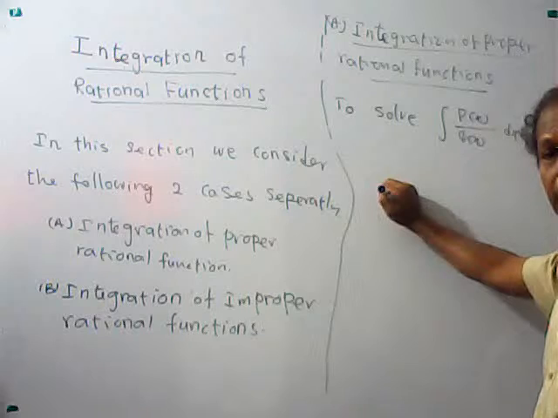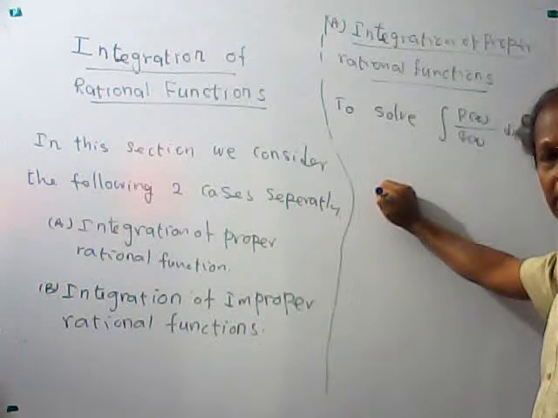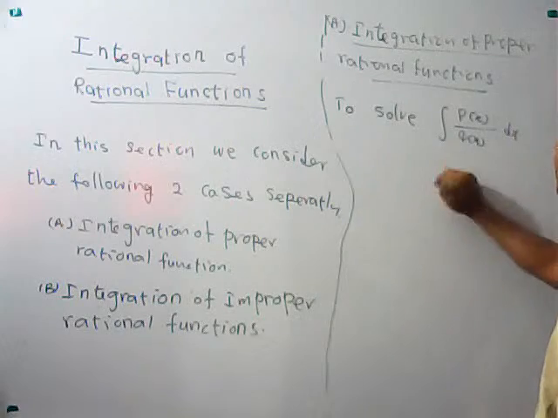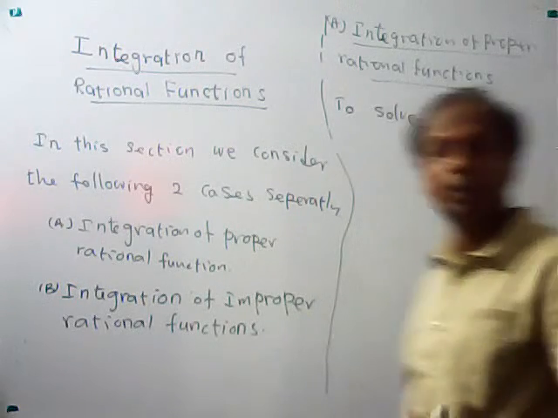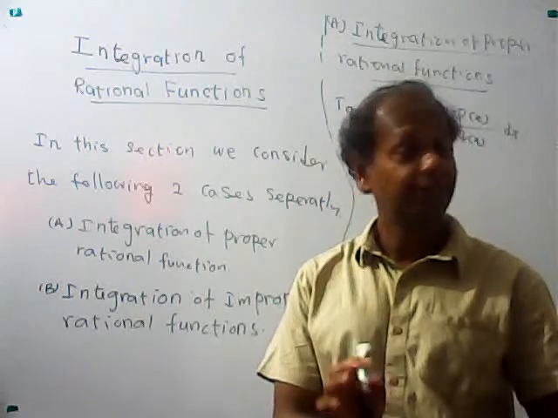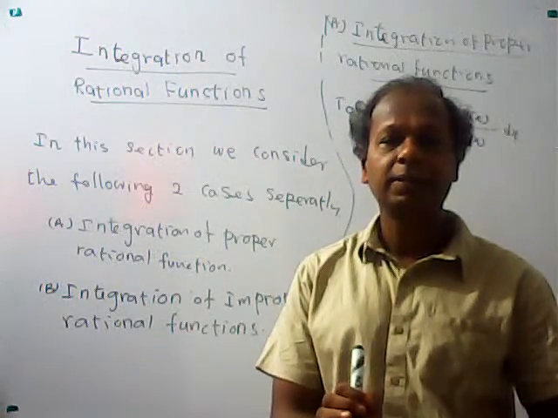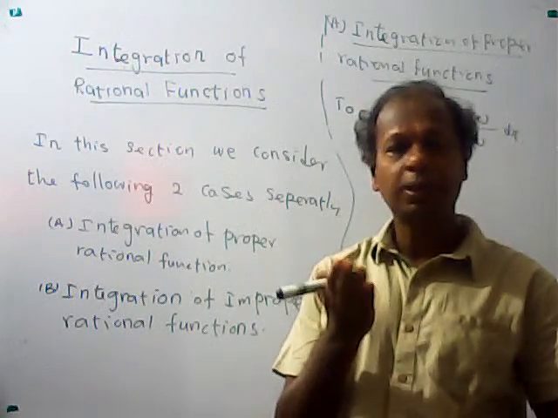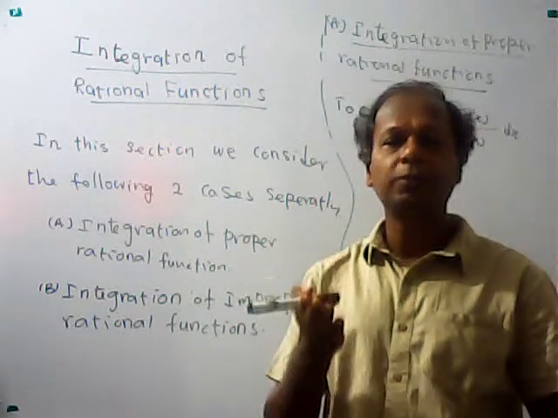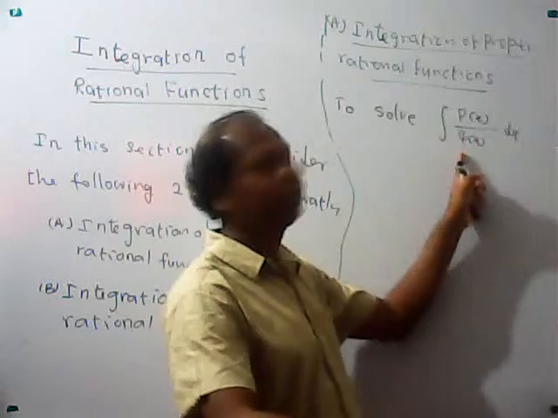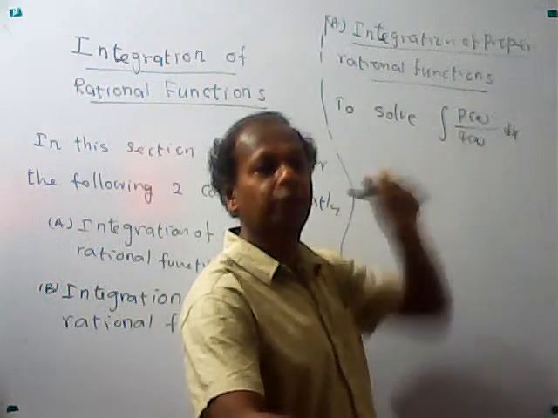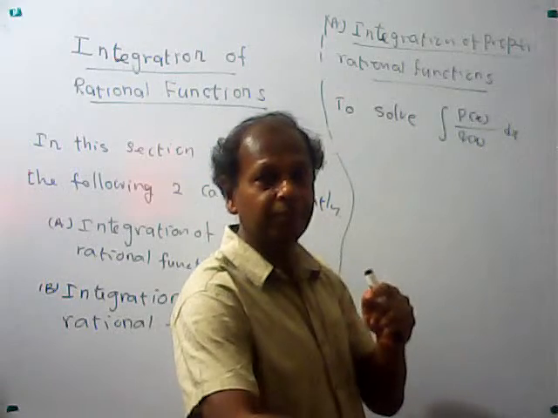Integration of proper rational functions. Good evening, Sachin. So if it's a proper rational function to integrate, the first thing we try is to check if you can create the derivative of the denominator qx in the numerator px at once, right?